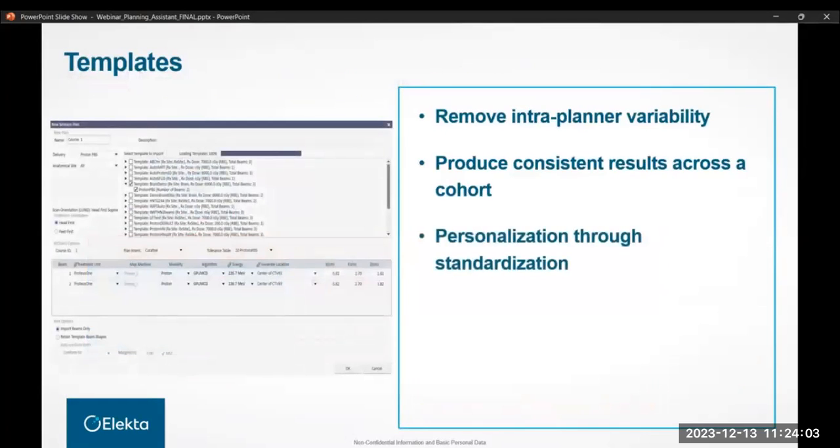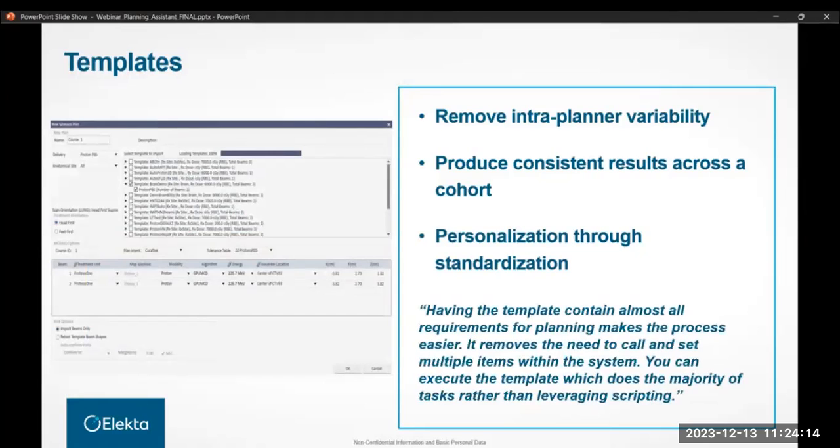I'll just brush over the template in the interest of time, but effectively, as I said, the templates really do control and have all of the things that you could possibly need for radiotherapy planning. And by simply having the template include a lot of those things, you can really have everything available that you could possibly need.